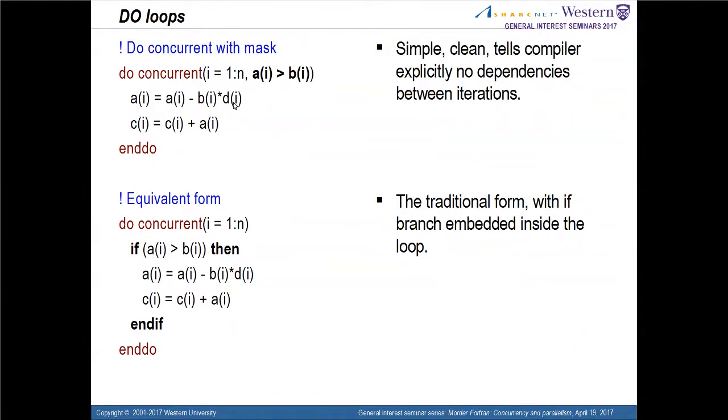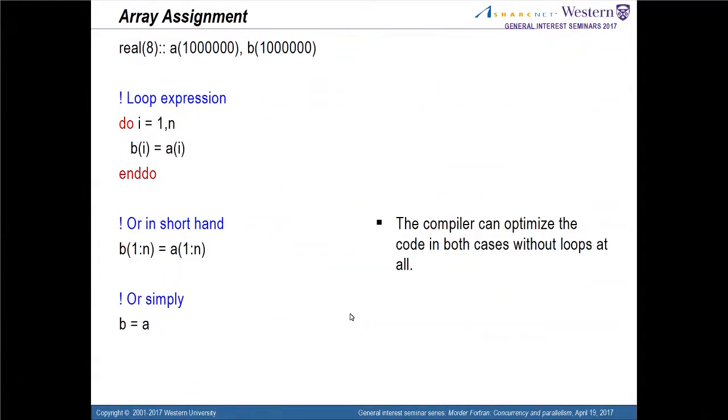But this is equivalent to the following form, this loop. We put a condition here, A is greater than B. This condition we call the mask. And this is equivalent to putting an if branch in the do concurrent loop, and the compiler will generate the code for you. Now here, what we see is array assignment.